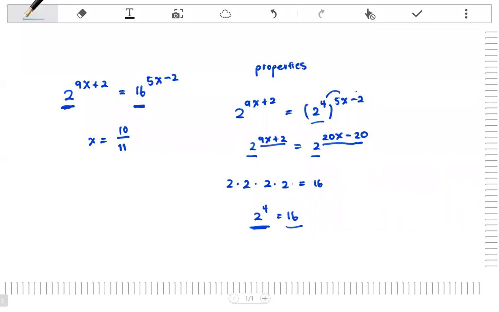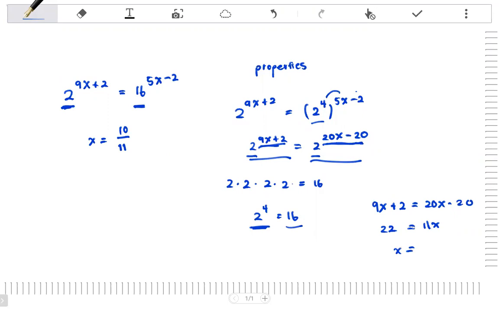And we know that this side has to be equal to this side, which means that this exponent has to be equal with this exponent, right? So we can set the exponents equal to each other. 9x plus 2 equals 20x minus 20, and just solve for x. If we move 9x to the other side, it becomes 11x. And if we move 20 to the other side, it becomes 22.